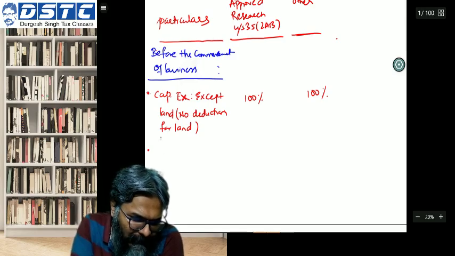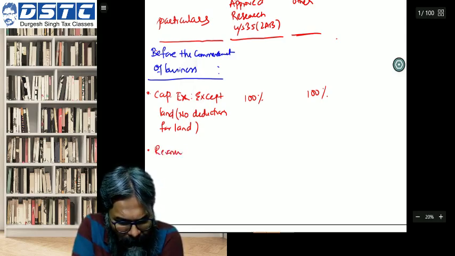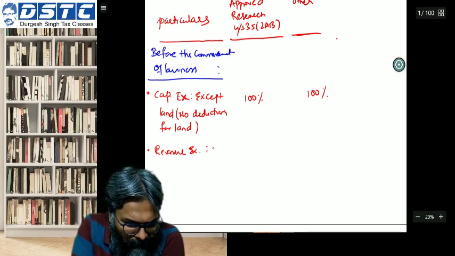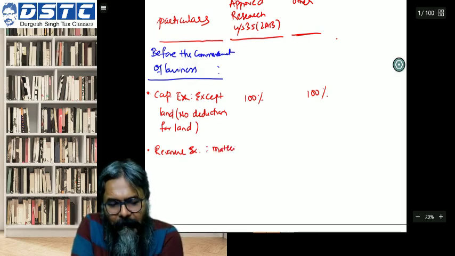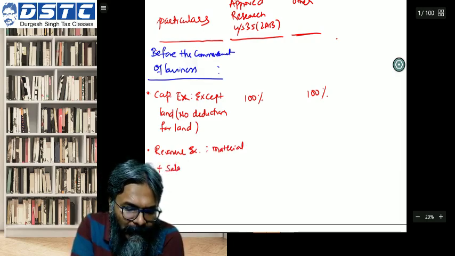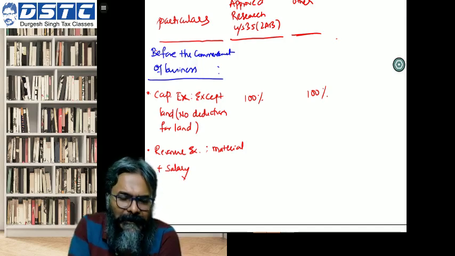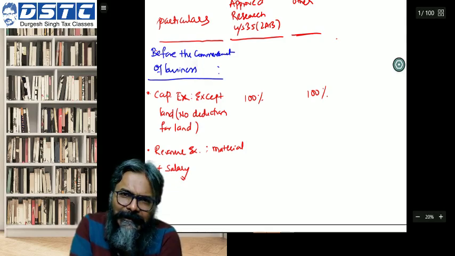In this case, so capex except the land, here revenue expenditure, students. In the revenue expenditure, what is allowed to you is the material, like for research, whatever material that you use, plus the salary. But salary to whom? To the scientist, the one who is doing the research, isn't it? So material plus the salary.